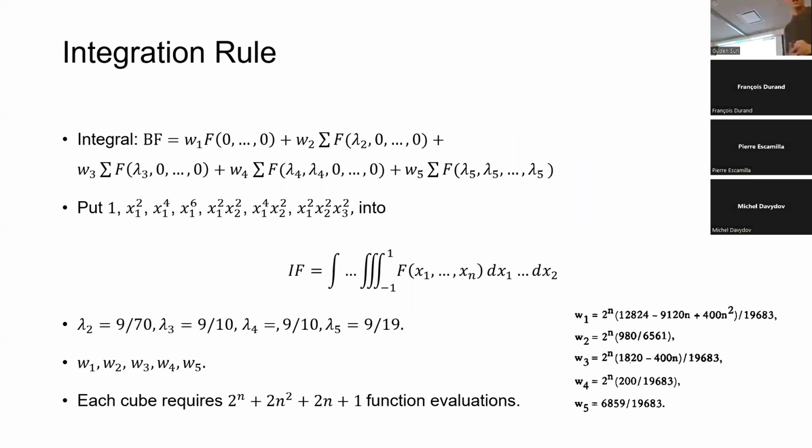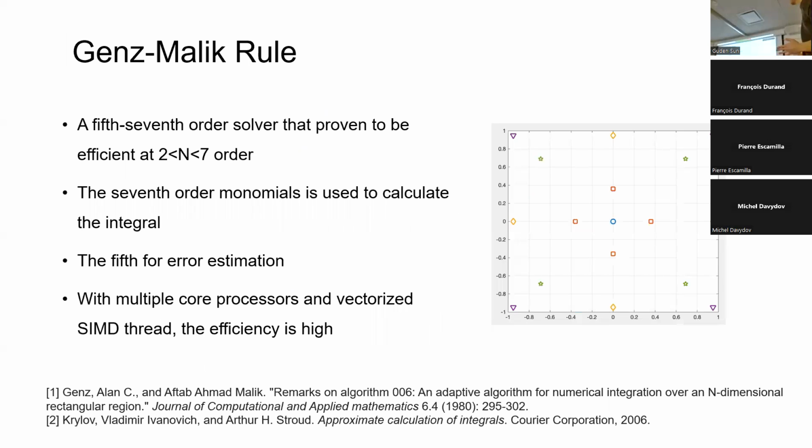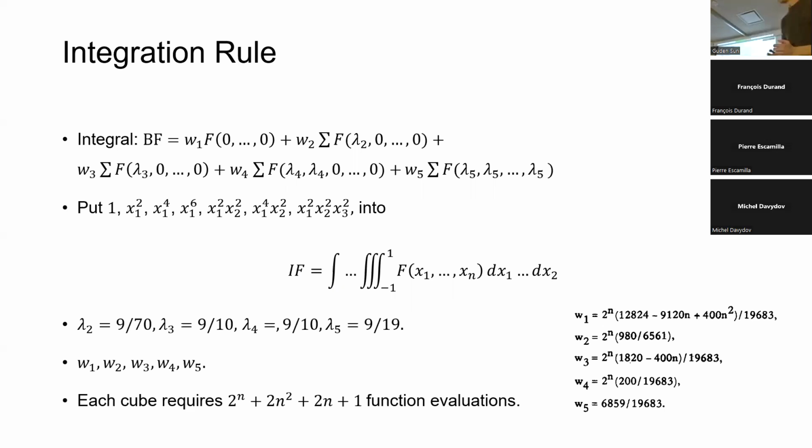So this is the question asked by François Duhon: what is the integration rule, and the seventh order integration rule? You have several roots. The root is, here on the right-hand side, the point you selected in this space. Then you do interpolation by monomials, which is a higher order counterpart of polynomials.